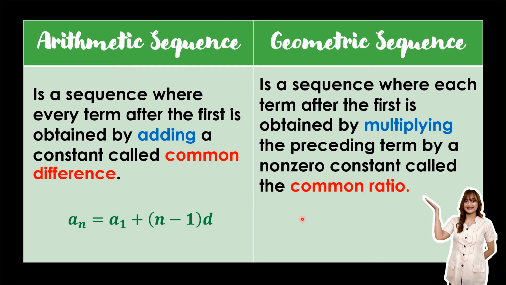While the formula for geometric sequence is a sub n equals a sub 1 times r raised to n minus 1. So basically, from their formulas, they are different. So those are the things that make arithmetic sequence and geometric sequence different.